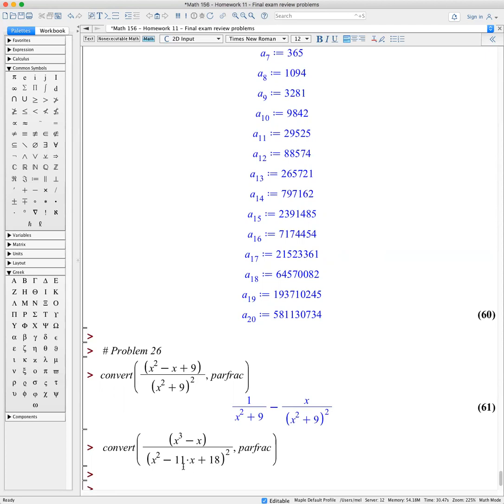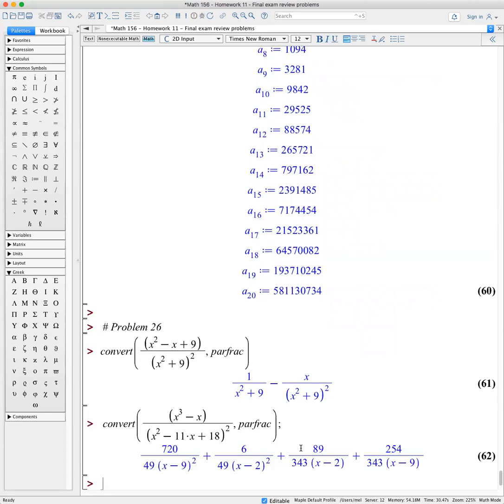Of course, you notice this factors: this is x minus 2 times x minus 9. So you expect partial fractions with x minus 2s and x minus 9s in the denominator. And here they are. This is the partial fraction decomposition. This is squared, so you get x minus 2 and x minus 2 squared, x minus 9 and x minus 9 squared.